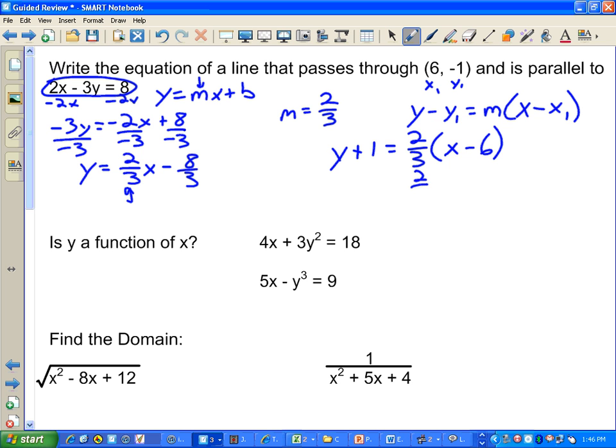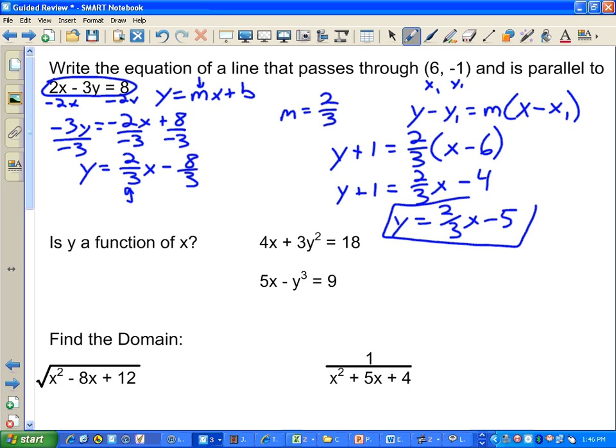Distribute the 2/3, which makes this 4. And then if I add the 1 over, I get y equals 2/3 x minus 5. This is the equation of the line that is parallel to this one and goes through this point.